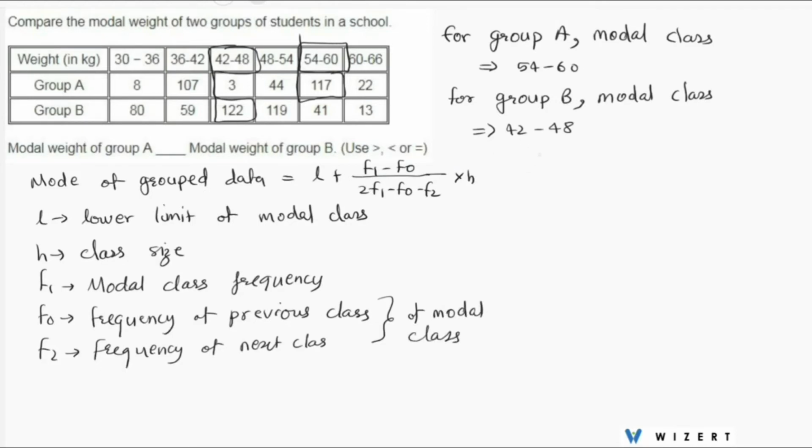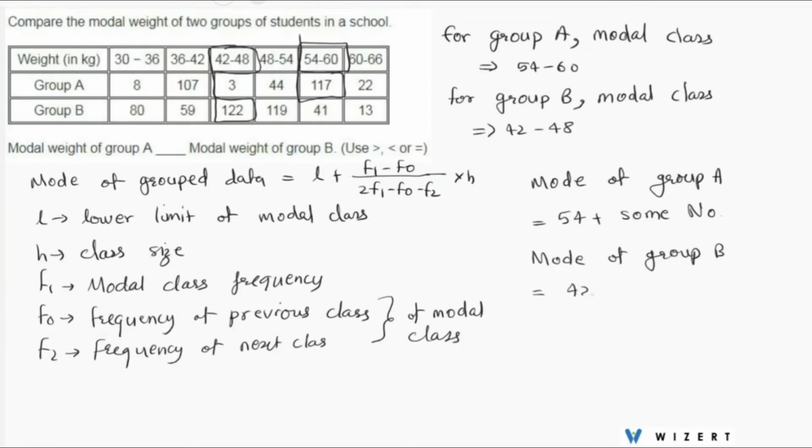So in this case, if we compare these two, mode of group A equals 54 plus some number, and mode of group B is 42 plus some number, and these numbers are going to be smaller than the class size.